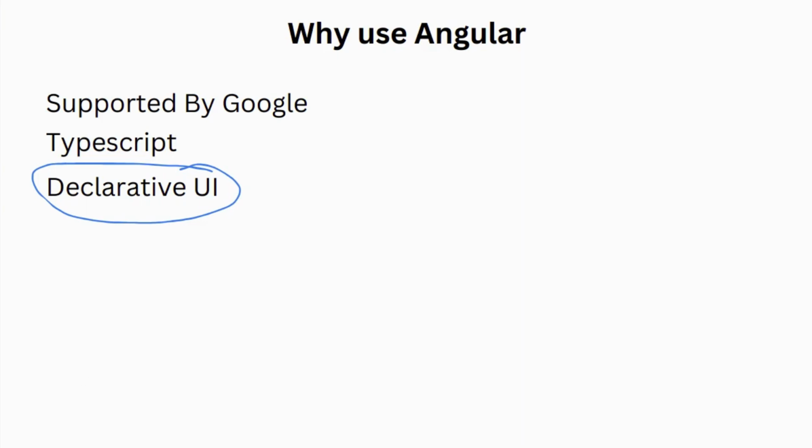And the next one is POJO. With Angular, you don't need any additional getter and setter functions. This is because every object that Angular uses is a POJO.